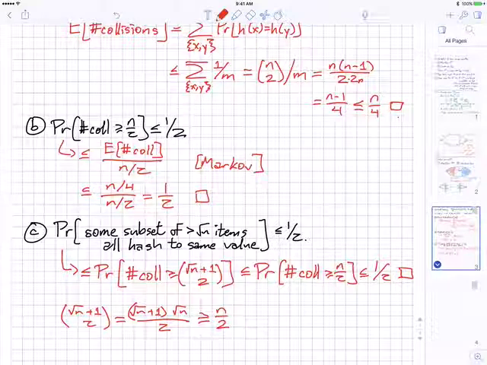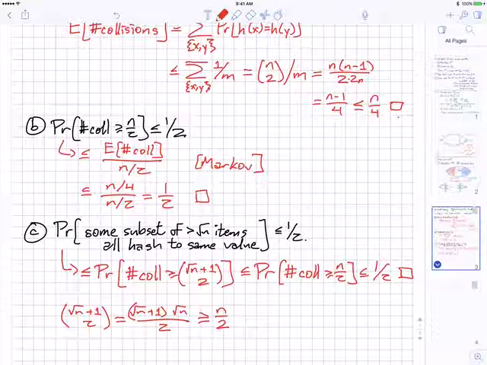Now, I want to point out something about these inequalities. Having a subset of more than square root of n things all hashing to the same bucket is not the only way to get this many collisions. That's why there's a less than or equal to sign.